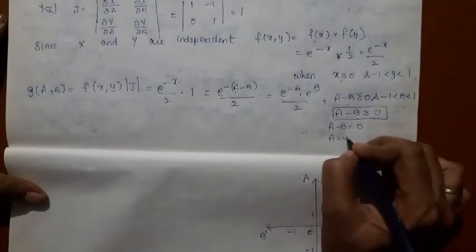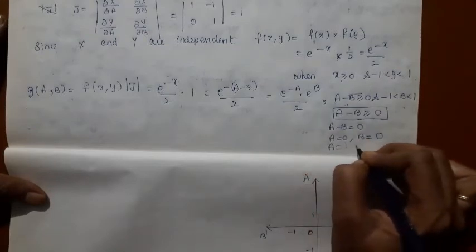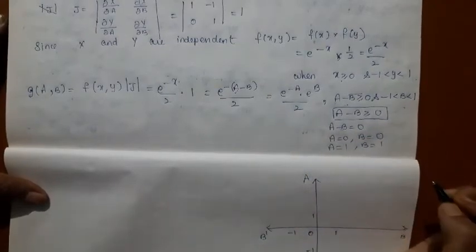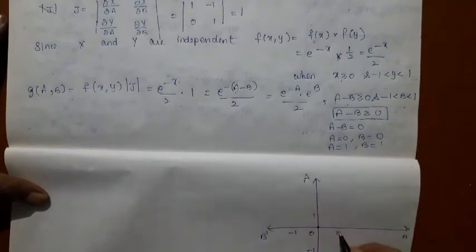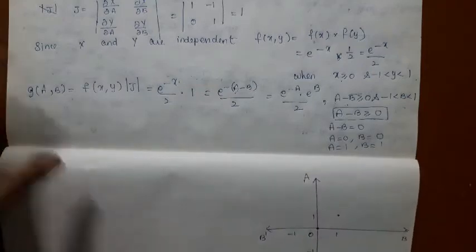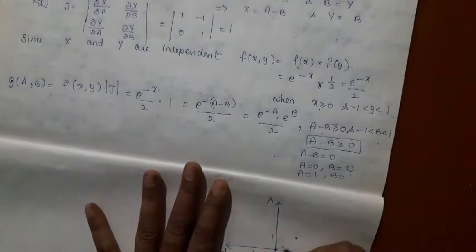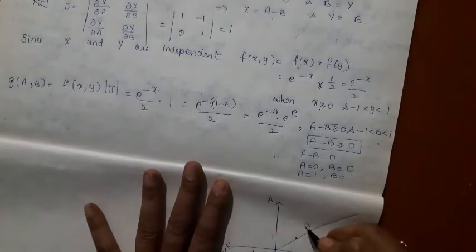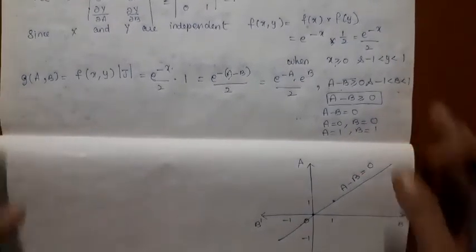When a is equal to 0, I get b is equal to 0. When a is equal to 1, I get b is equal to 1. So my points (a, b) are (0, 0) and (1, 1). I draw a line joining these points and I say this is the equation a minus b equal to 0.